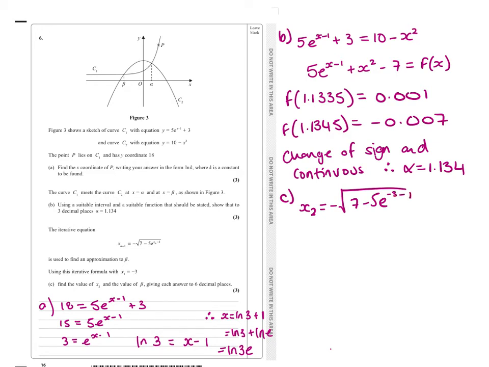But in my case, instead of writing minus 3, I'm going to write answer, so that as I keep going, I can just keep pressing equals, and I'm not putting all of the decimal places into my calculator because it is going to take forever. Okay, so the first answer I get for x2 is minus 2 point, and it wants 6 decimal places.